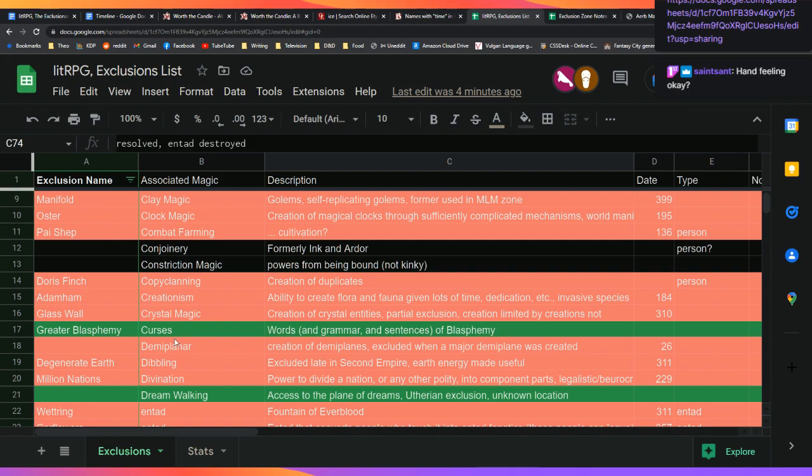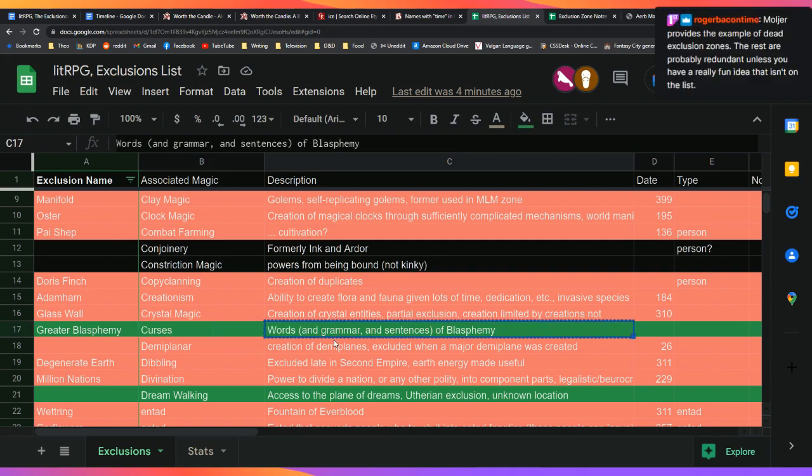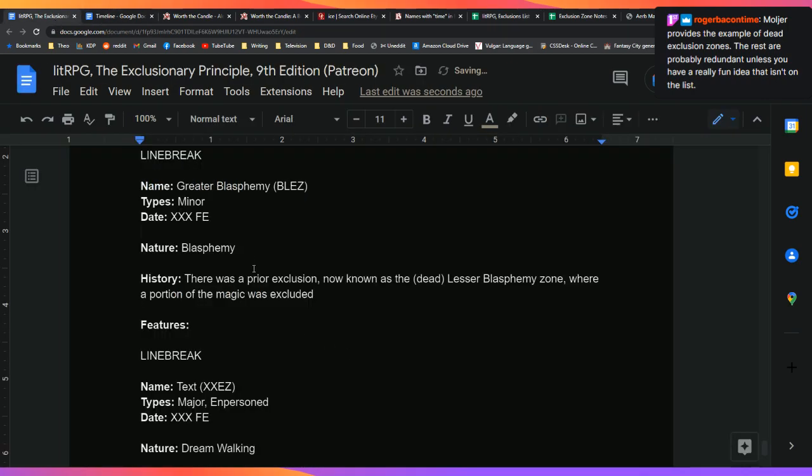Okay, it's right here. Technically the associated magic is curses. See, I do have fun ideas. I also feel like Mulger is lonely right now.